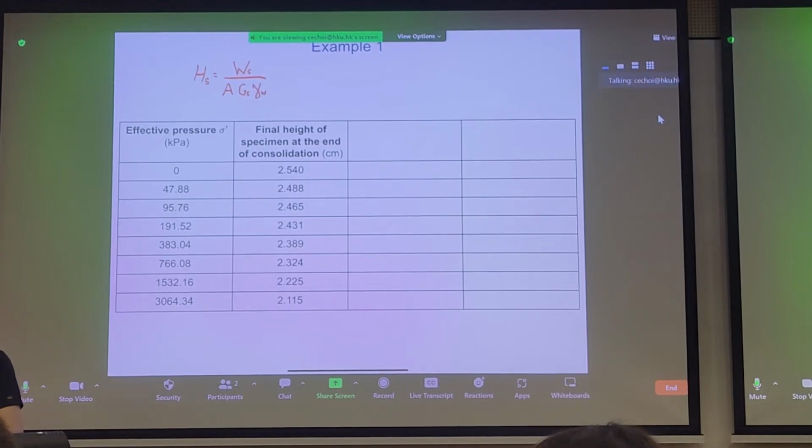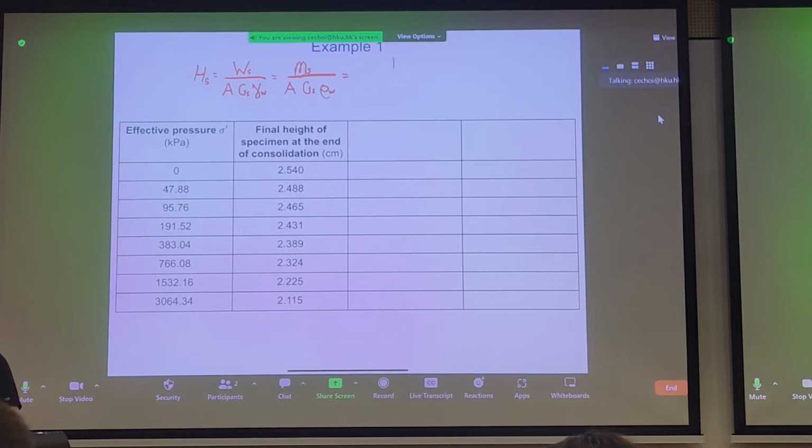This equation was taken just about 2 or 3 slides ago. Flip back, we convert weight to mass. Subscript W here refers to water, of course.